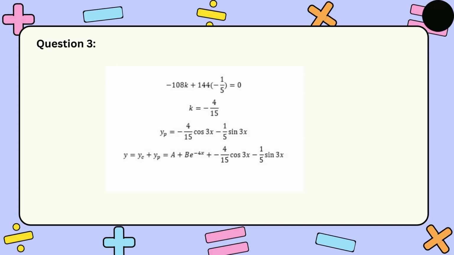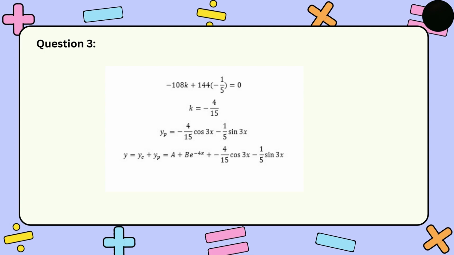And then we will be left with yp equal to negative 4 over 15 cos 3x minus 1 over 5 sin 3x.